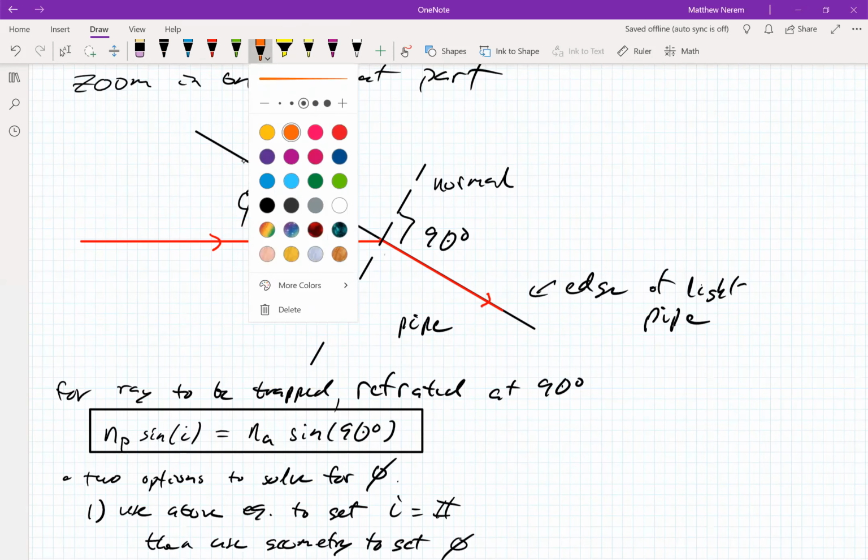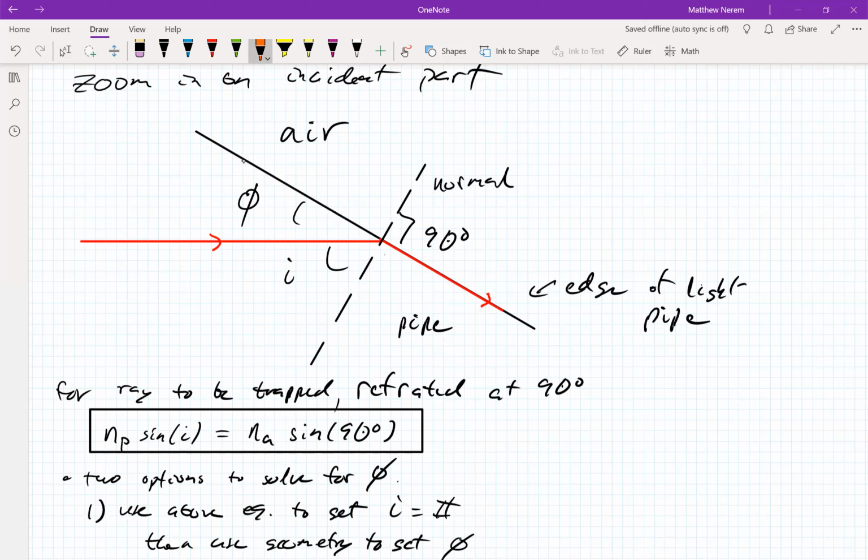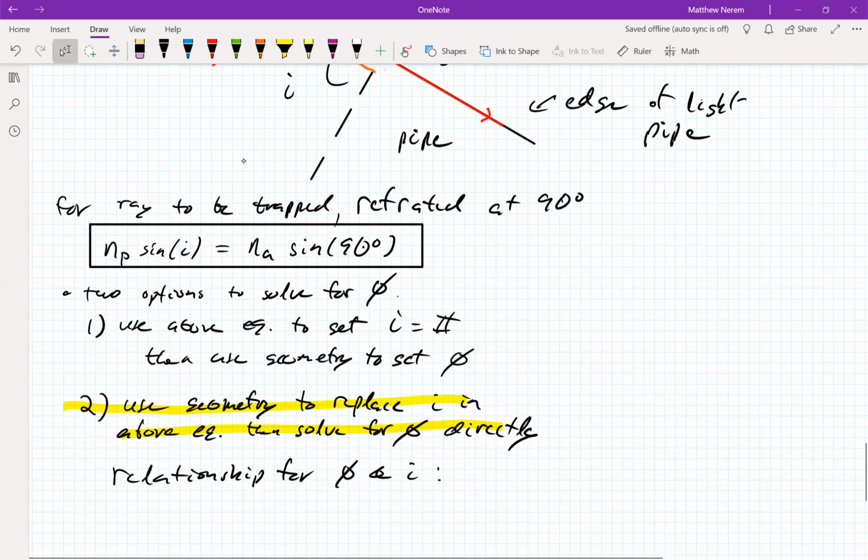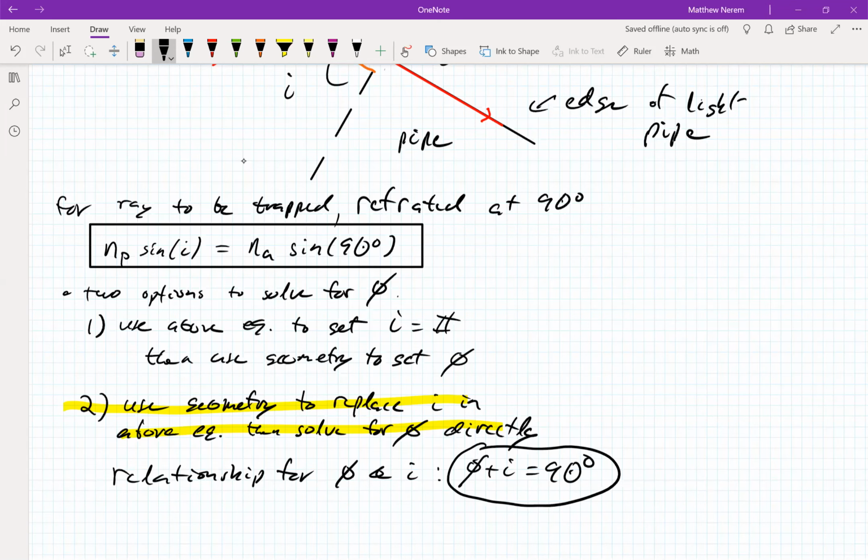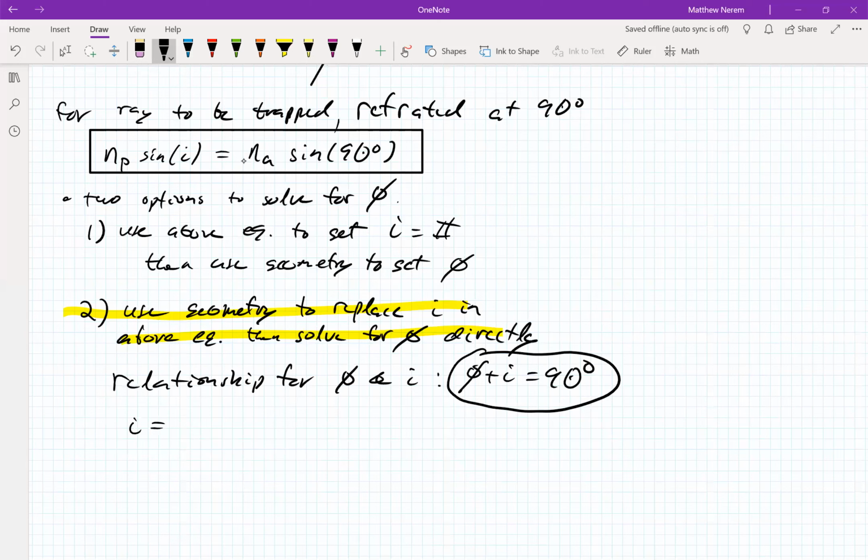A bit bigger. That's a 90-degree angle. So you can just say phi plus I equals 90 degrees. Or that incident angle, whatever it may be, is 90 degrees minus phi.